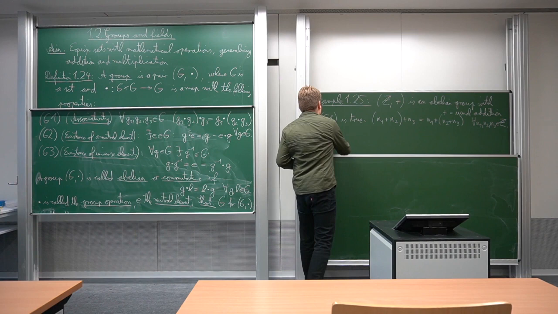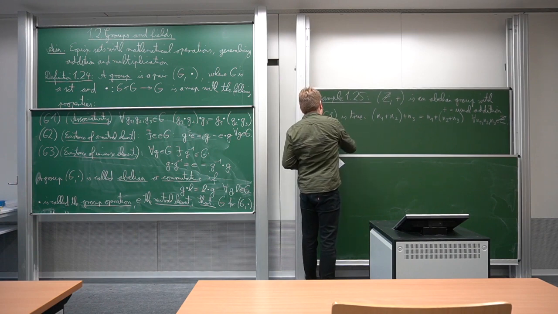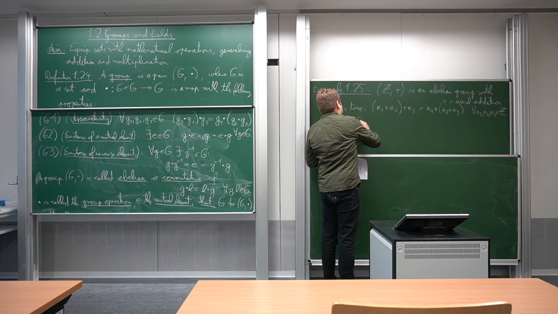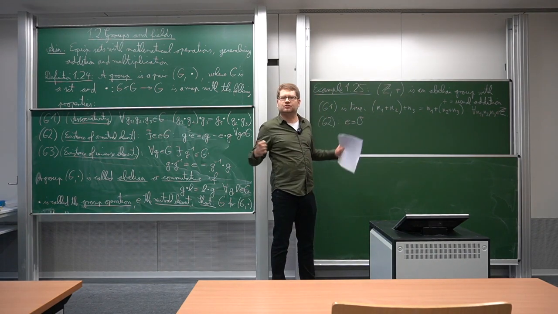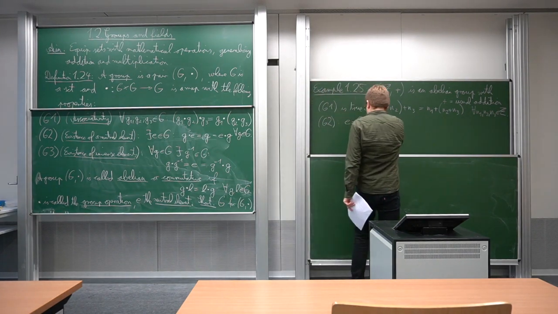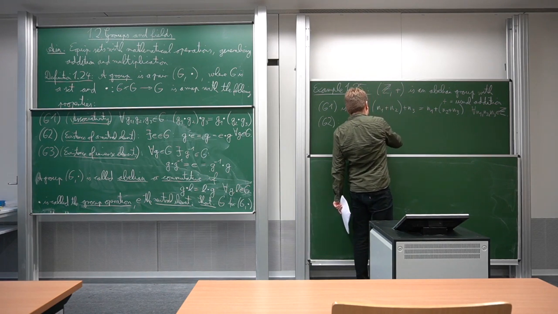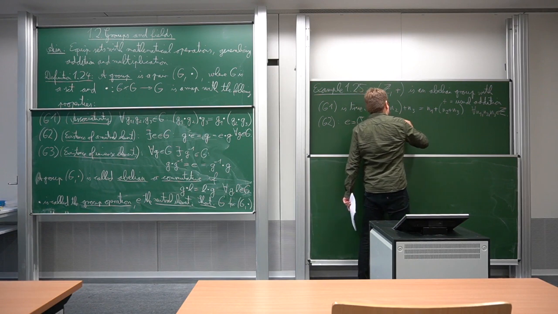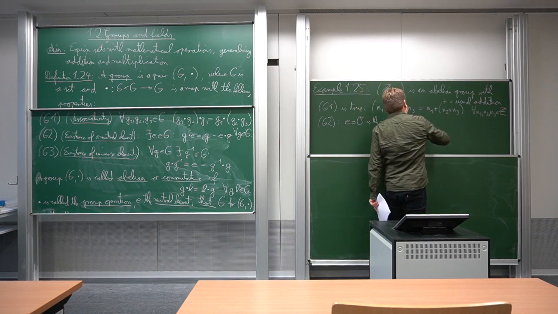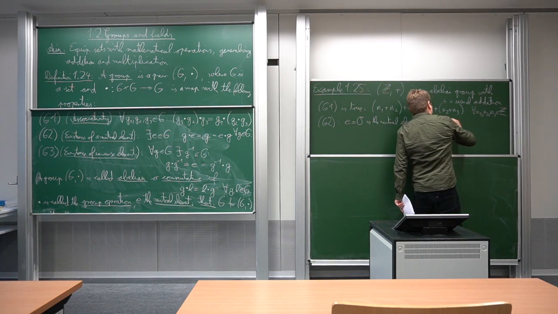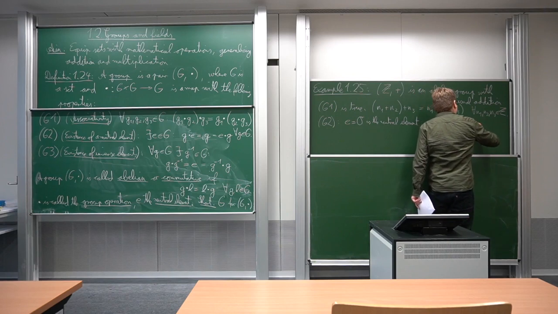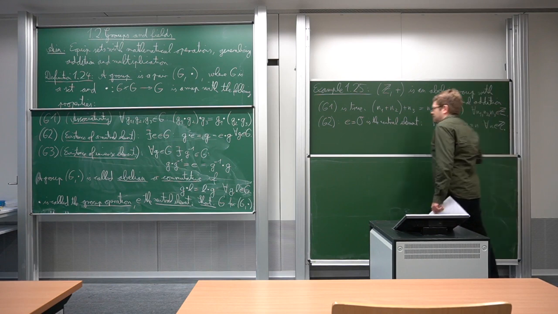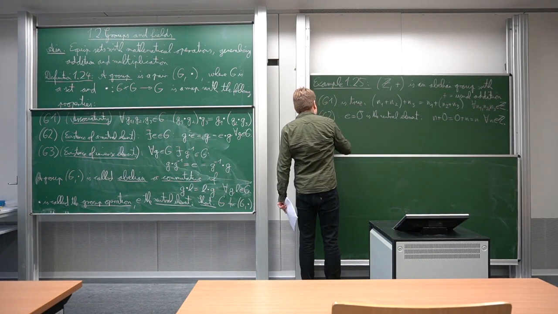Okay, for G2, we have a neutral element for addition: the number 0. Adding 0 doesn't change a number. So e equal to 0 is the neutral element. n plus 0 is the same as 0 plus n, which is just n, for all n in Z. And now for the inverses.